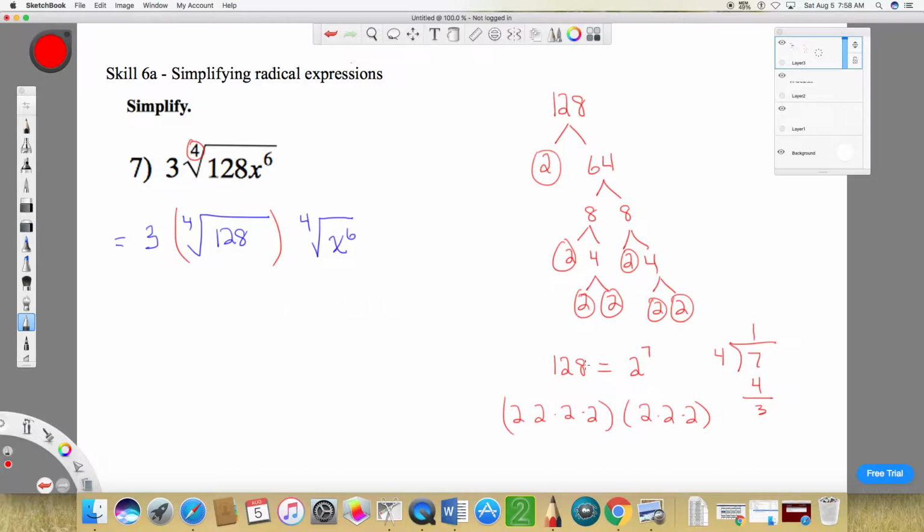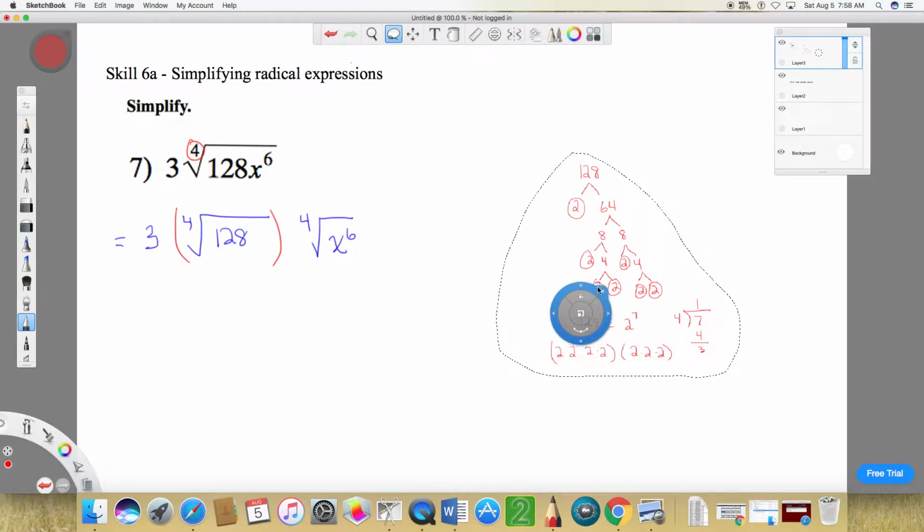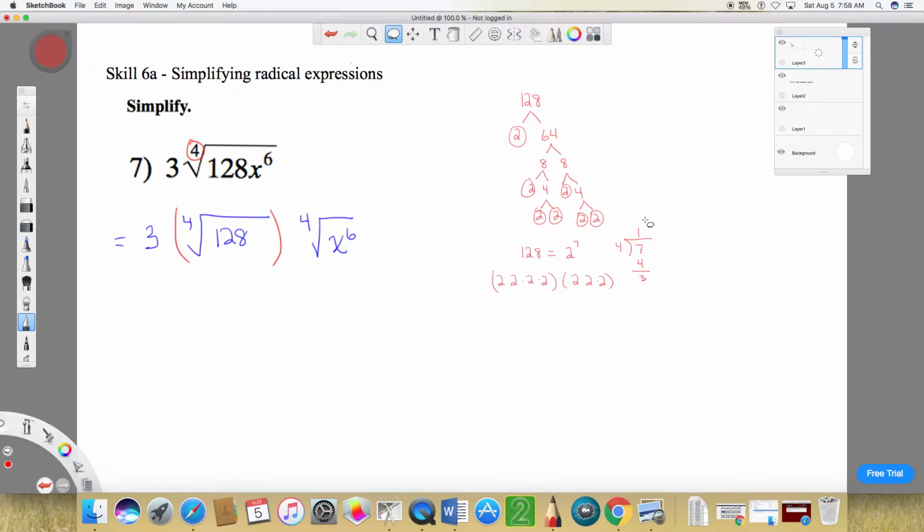So when we simplify this, like I say, this one's a little more challenging. When you break down this 4th root of 128, what this factor tree is helping us recognize is that it is the 4th root of 2 to the 4th power, which is 16, times 2 to the 3rd power, which is 8.